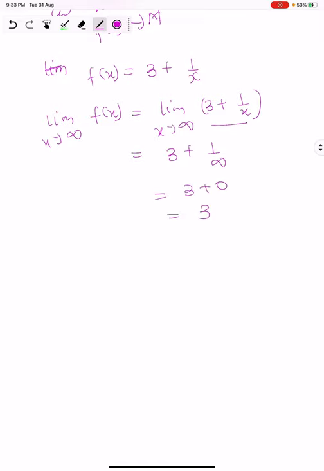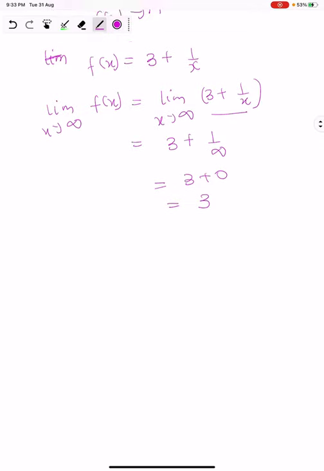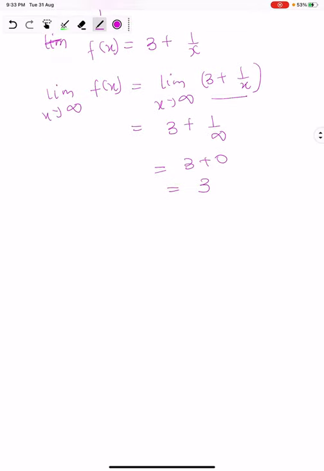which is equal to 3. This implies that as x grows larger and larger to infinity, f of x goes to 3. We also look at how this function behaves as x approaches negative infinity.